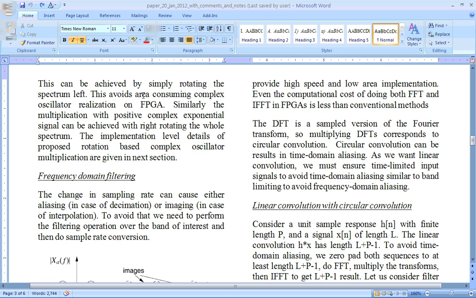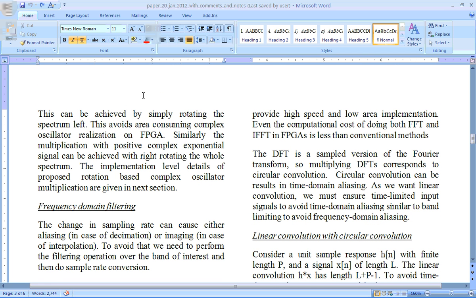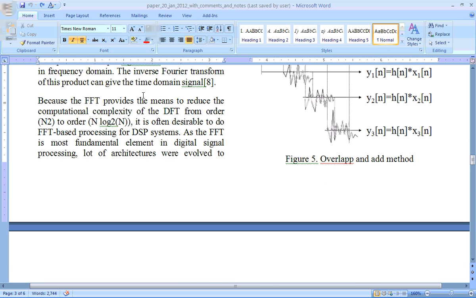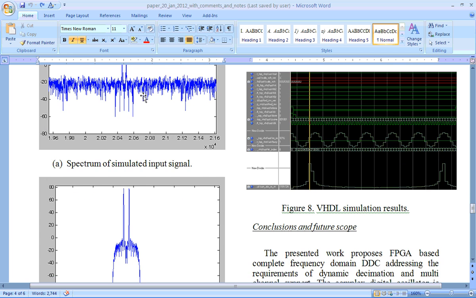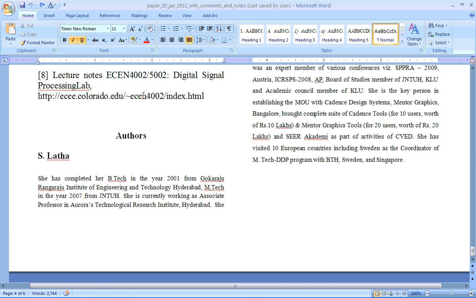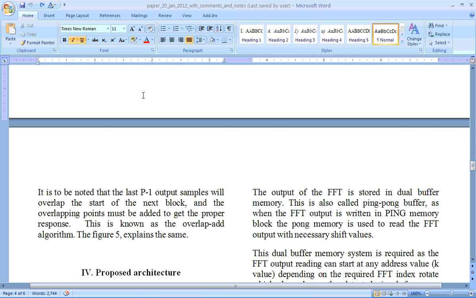Actually, here we have not explained why rotation and not shifting. We explain it when we implement the FPGA architecture. But I remember there is a figure which explains that. Oh, it's not there. Why didn't I keep the figure?